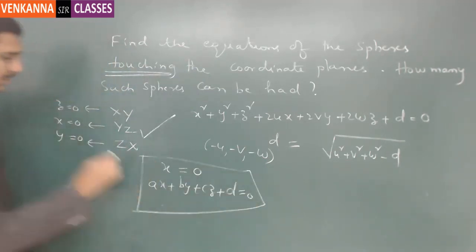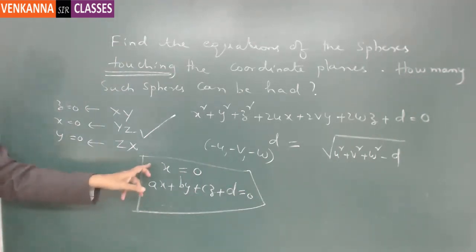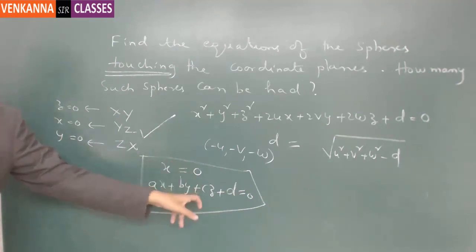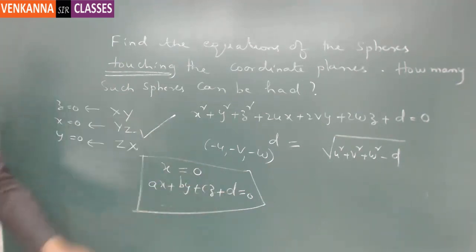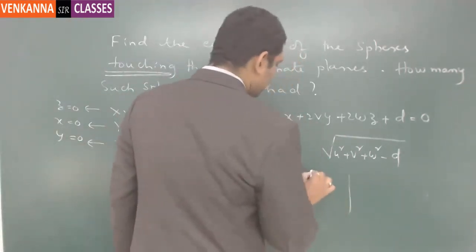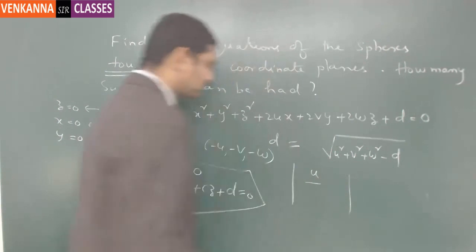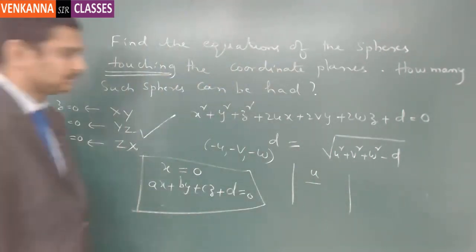Please understand that it is of that form. So a value is 1, b value is 0, c value 0, and d value 0. So if you apply the distance formula, it is nothing but modulus of minus u by 1.